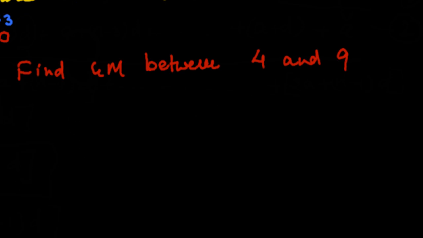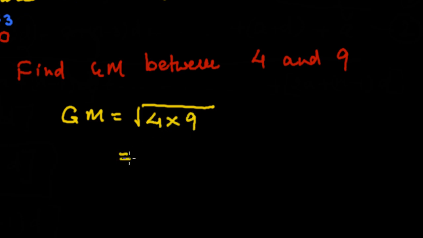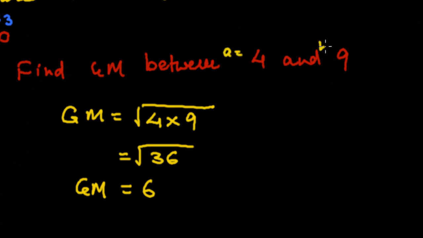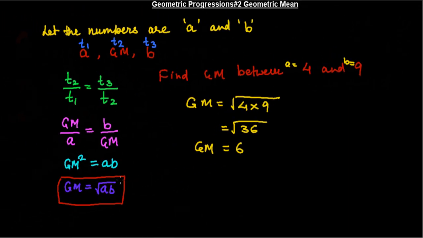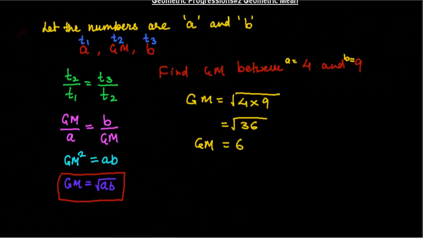So we know that geometric mean is equal to square root of 4 times 9, which is 36, and the square root of 36 is 6. So the geometric mean would be 6. Here A is 4 and B is 9. So in this way, we could put the values here and easily find out the geometric mean between two numbers. Now let us see more things about the geometric mean.